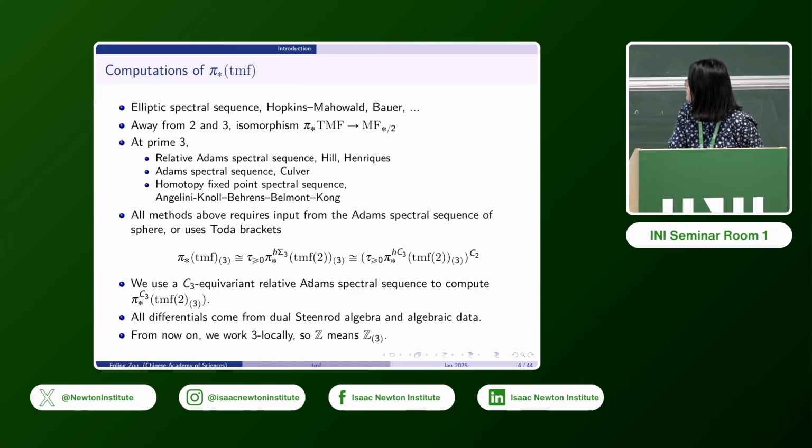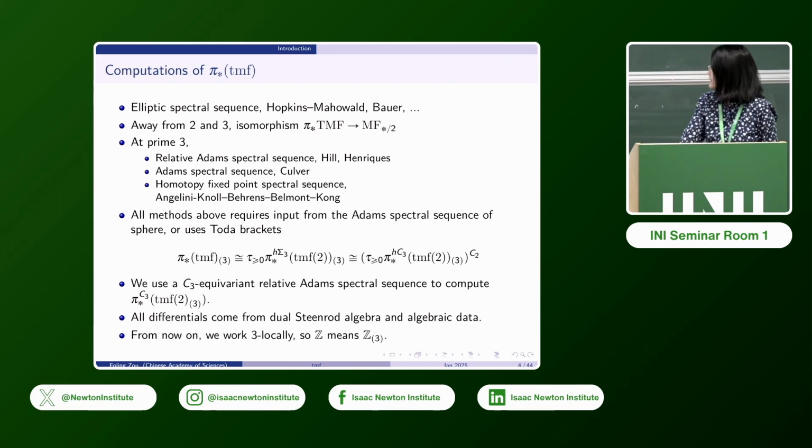And we are going to use a C3-relative Adams spectral sequence, not compared to this. This is non-equivariant relative. We are using the C3-relative Adams spectral sequence to compute this. And then taking C2 fixed points, we can get everything. And in our approach, all differentials come from algebraic data, either from the Deuce-Stingray algebra or from studying some chains of representations.